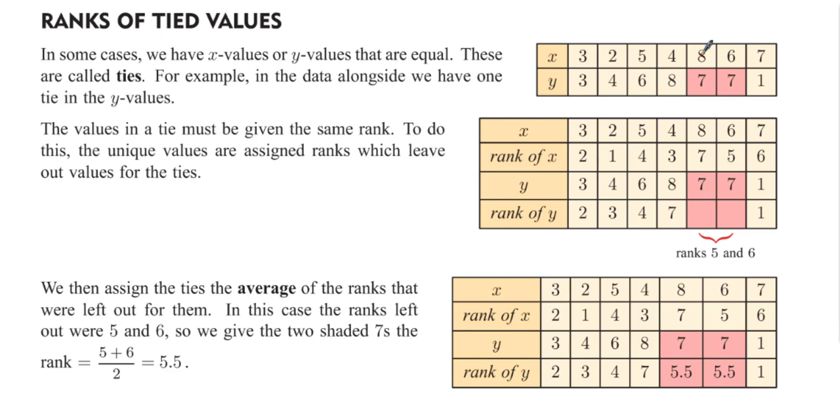For example, if you rank from the lowest to the highest: 1, 2, 3, 4, 5, 6, 7. If you have the same values, how will we rank them? We'll just take the average. It's not 5, it's not 6, it's 5.5. So if you have same values, their rank is just their average.